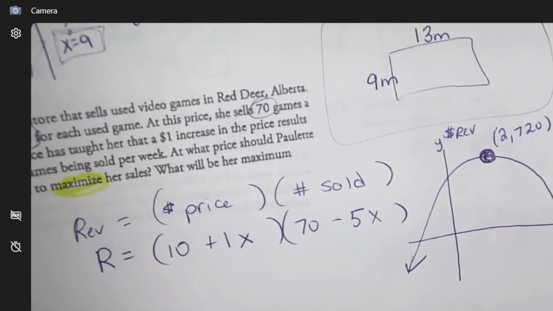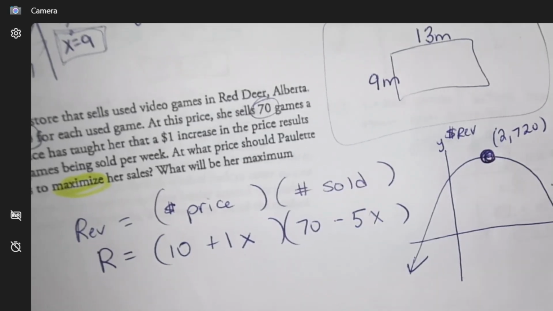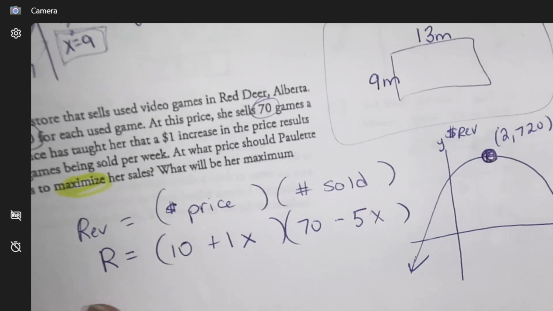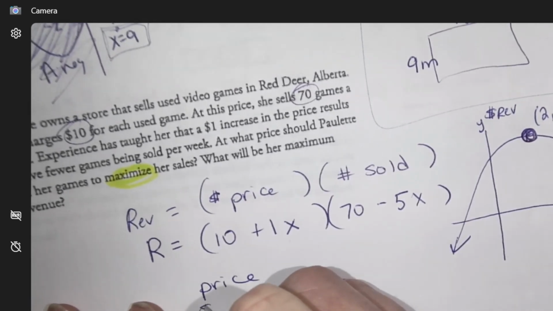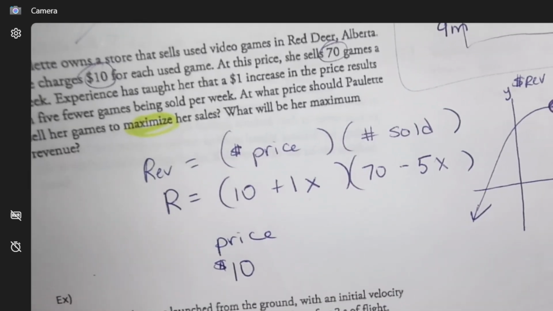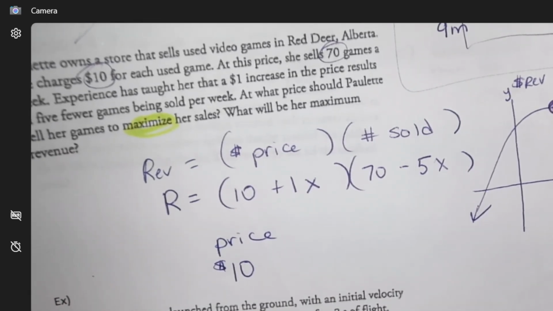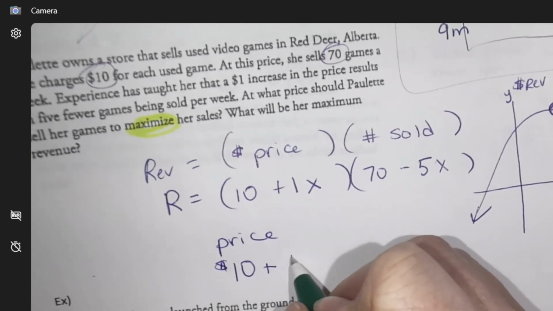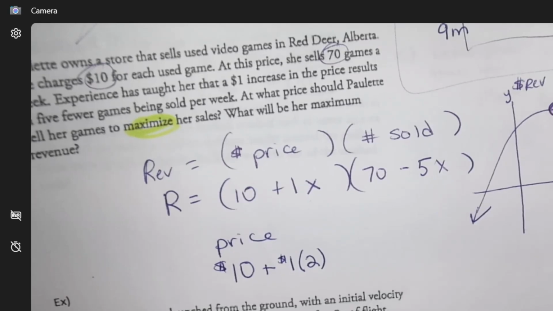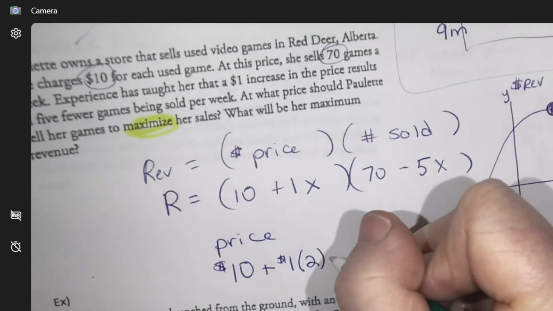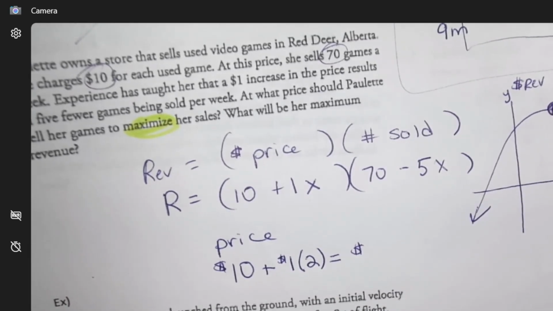Okay, I got 2,720. So what does it mean? Again, we just wrote this down. X is the number of changes. So what is the price? Well, the price, remember, we started at a $10 ticket, right? We started at $10 and then we went up $1 two different times. So what is your final price that you should sell your games?